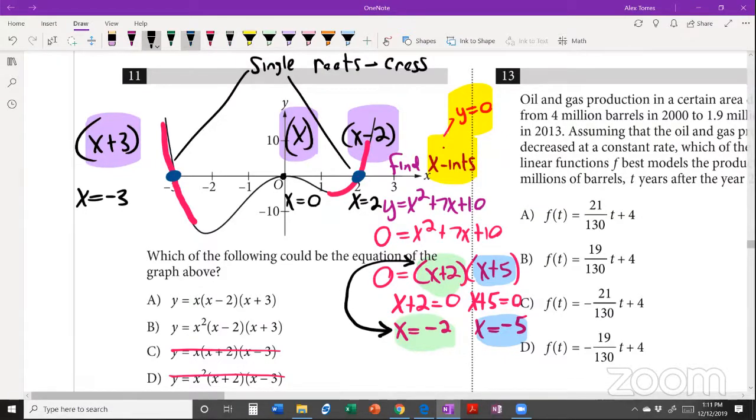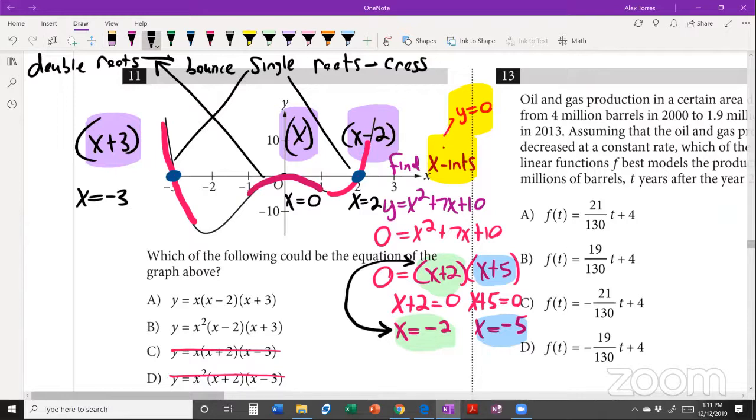And then this root right here, the x, where it bounces off, if it bounces off the axis, that's a double root. It's the second power. Double roots bounce off the x-axis.